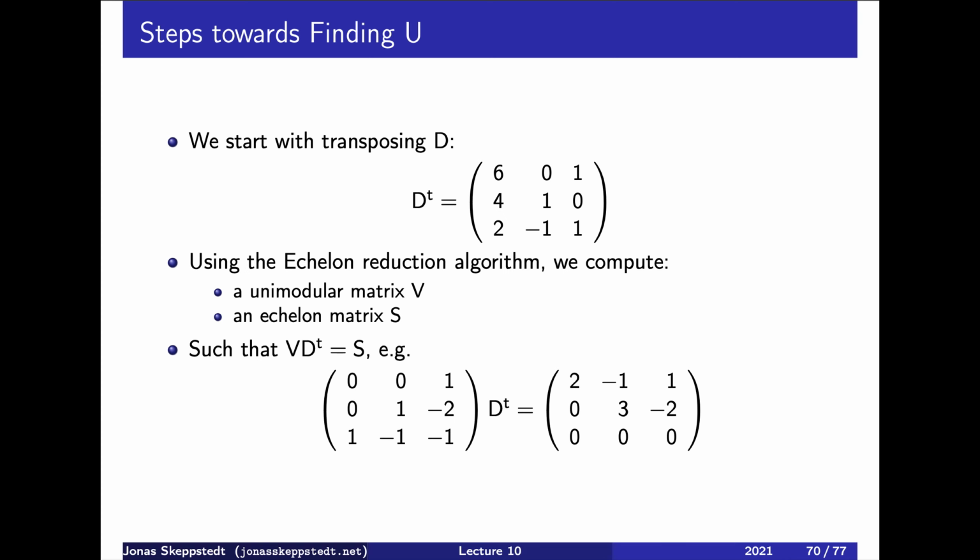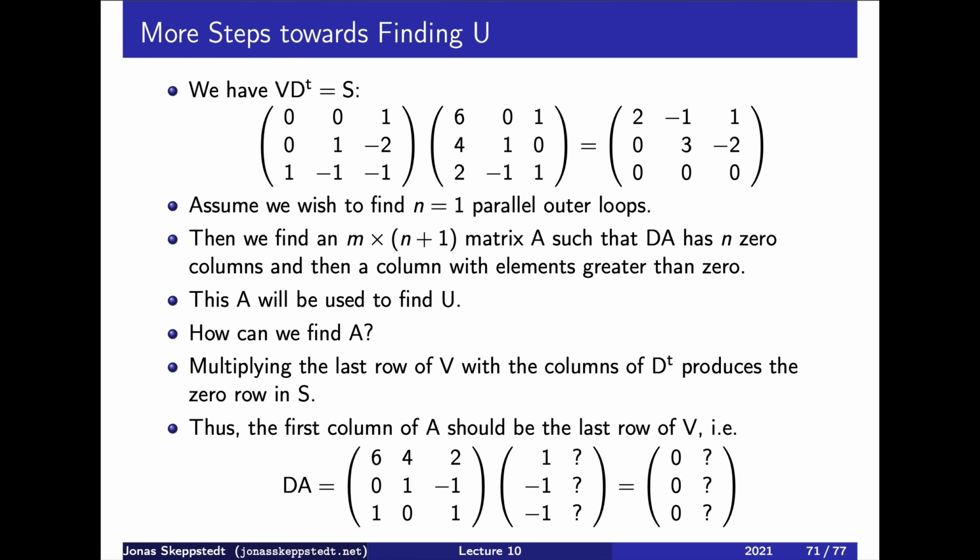So what we do is take the transpose of the distance matrix, and then we can use echelon reduction to find the unimodular matrix V and an echelon matrix S, like this. It's the same as at the top of this slide.